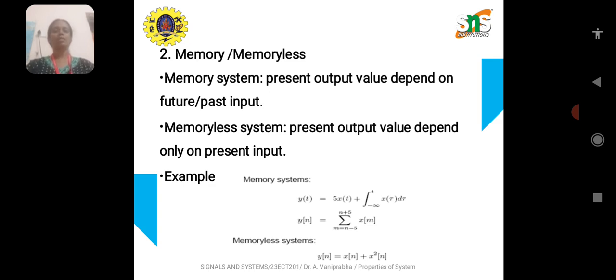Whereas a memoryless system does not hold the values of the past. It depends only on the present values. The best example of a system with memory is integration. It accumulates all the signal which has been acquired within a particular time period, and that time period may even belong to past events.